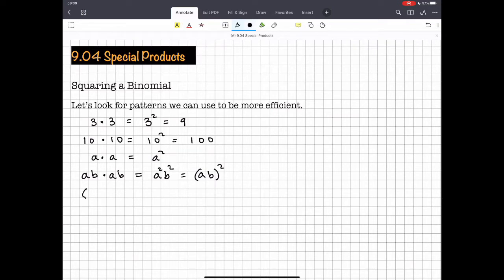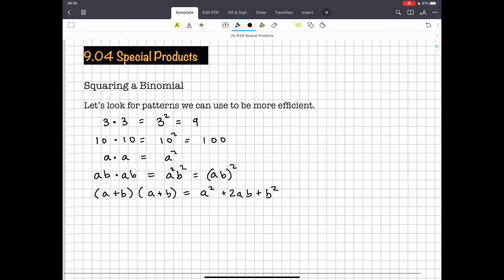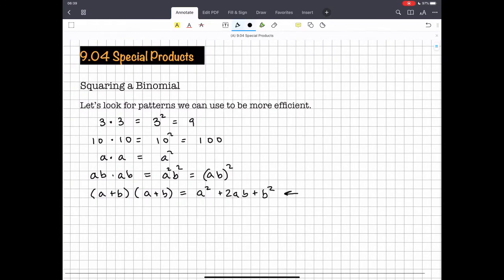So we could have something like a plus b times the quantity a plus b. And this would equal a squared plus 2ab plus b squared. And this is what we want to focus on today.